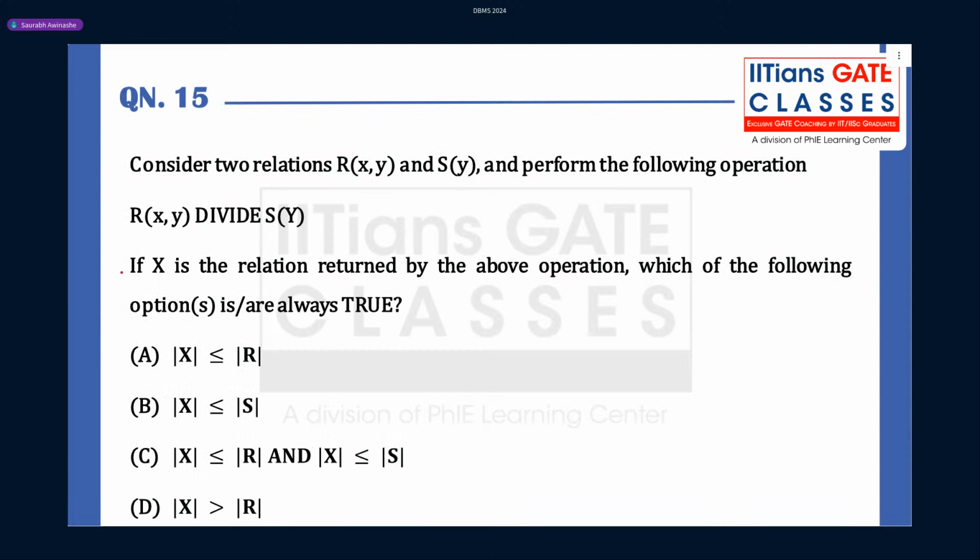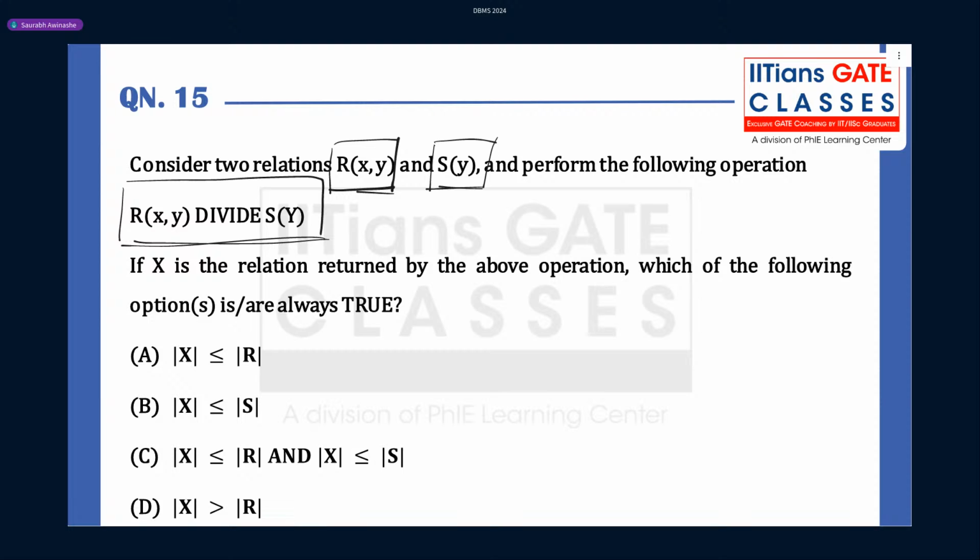So moving on to the next question. So we have two relations in this question again. One is the relation R, which has two attributes X and Y. And the second relation is S, which has only one attribute Y. And we have to perform the operation that is the divide operation.